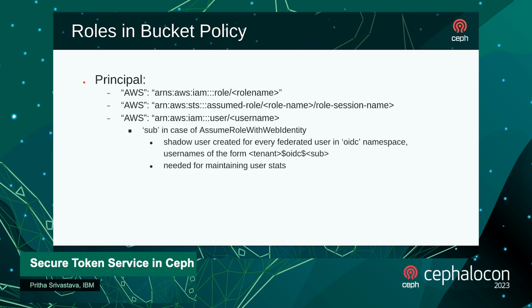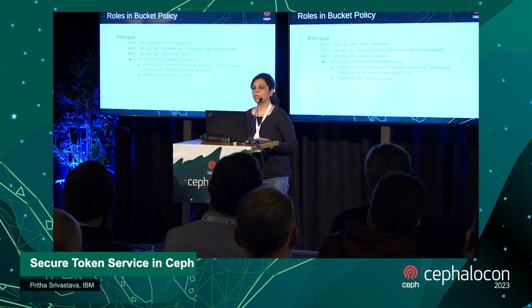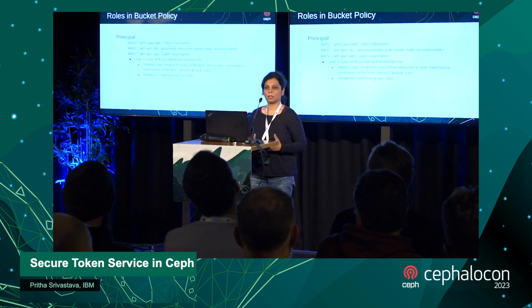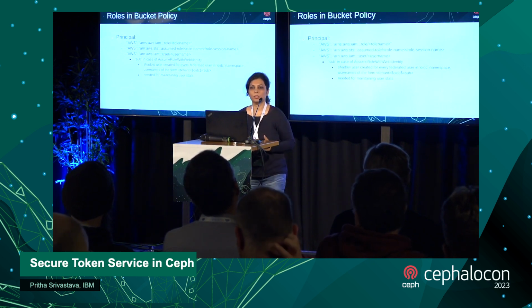So how can roles be defined in a bucket policy? Let's say we want to provide access to all users that are assuming a role to a particular bucket. Then in that case, we can specify the role's ARN in the bucket policy. If we want to restrict access only to a particular session of the role to access a bucket, then we can specify the role session name in the bucket policy.